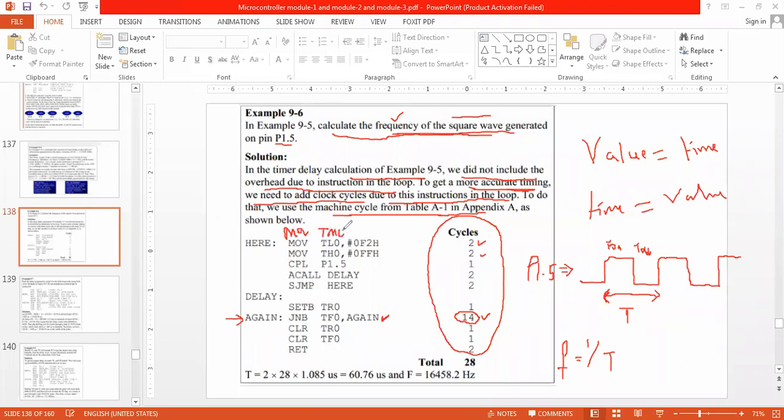This is common for mode 1 programming. Now tell me, I am using timer 0. That is why I am writing 01H. If I want to use timer 1, then what will be the value which has to be loaded into the TMOD register?